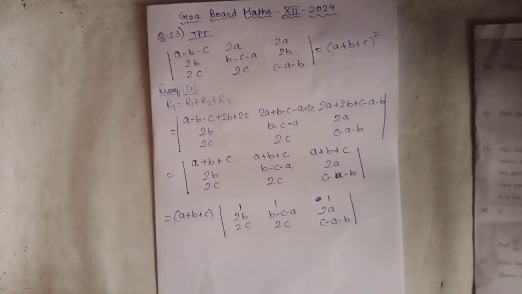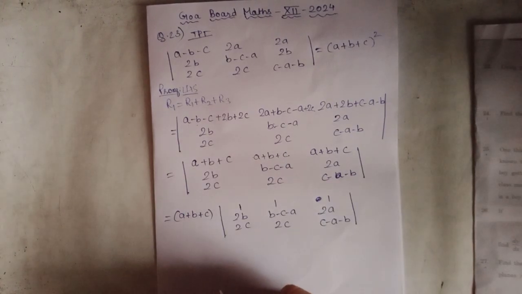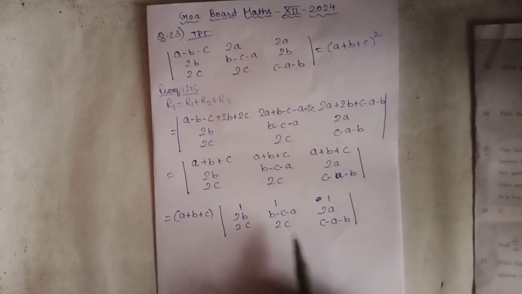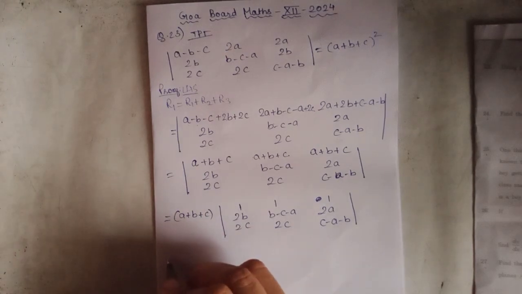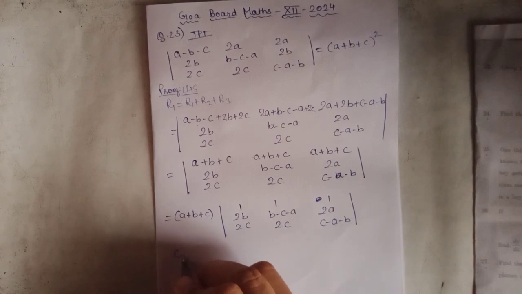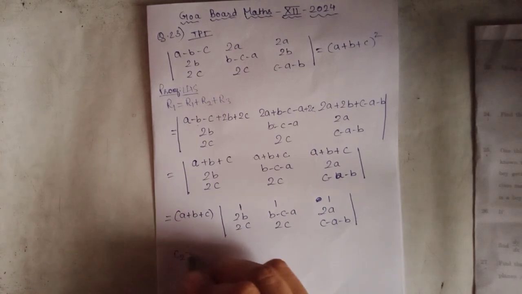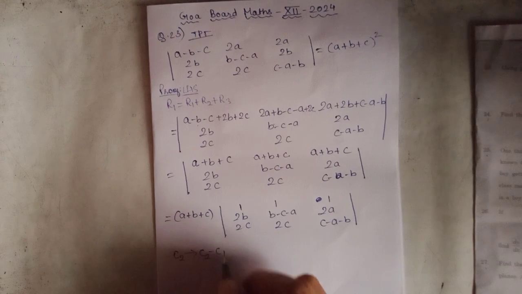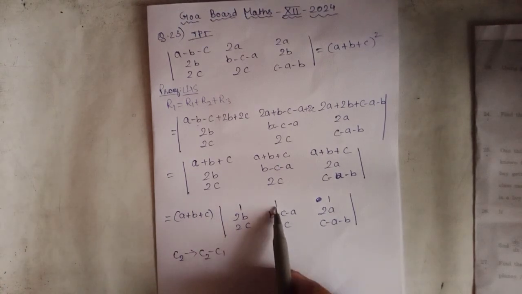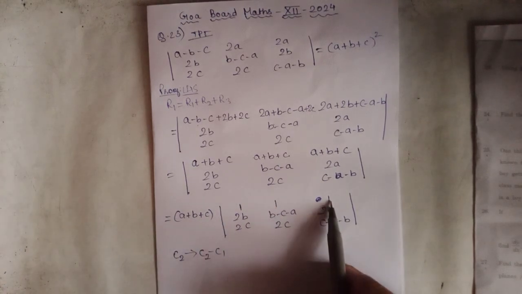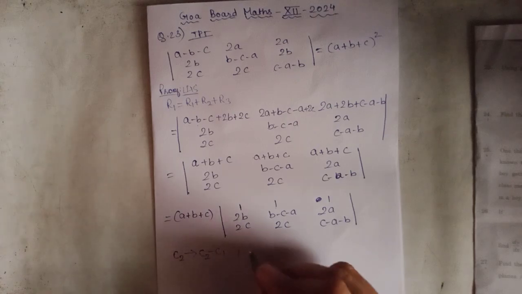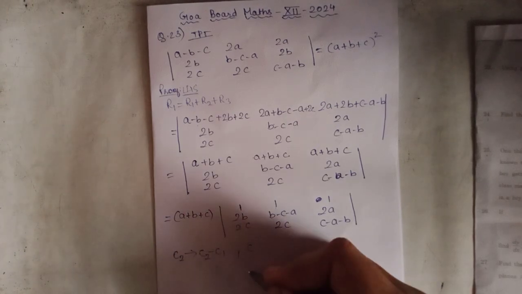Okay, now I'm going to change C2 and C3. So C2 I can write as C2 minus C1, so that we'll get a 0 here. Also we'll get a 0 here, so it will be easy to compute the determinant.